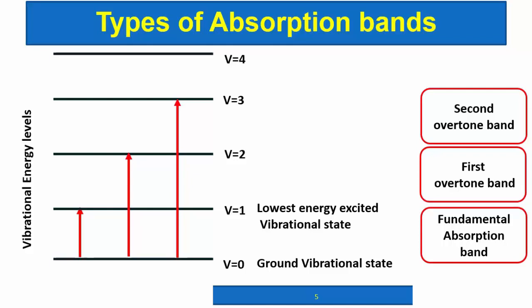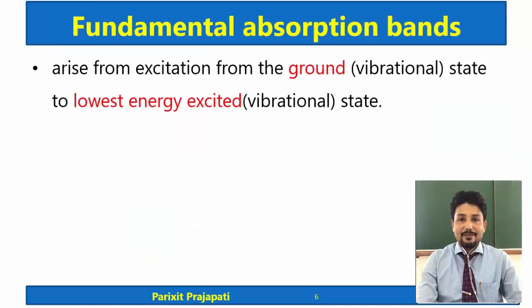So now it is clear what is fundamental absorption band, what is overtone band, in that what is first overtone and what is second overtone. Fundamental absorption bands arise from excitation from the ground vibrational state to the lowest energy excited vibrational state, nu 0 to nu 1.